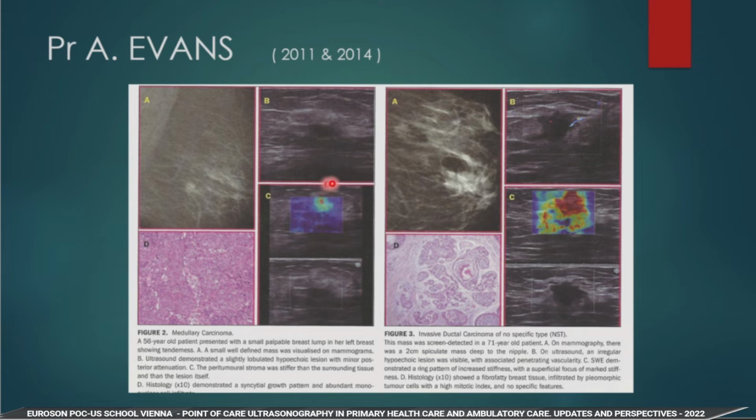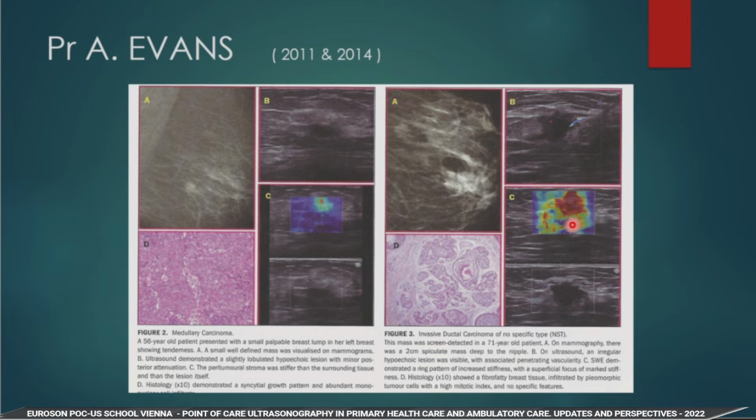Compare to here the ductal carcinoma with a big stroma reaction on mammography, big modification on B-mode, hypervascularization on Doppler, and here you have a really high level of kilopascal. You can assert it's a score 5 of an aggressive tumor.